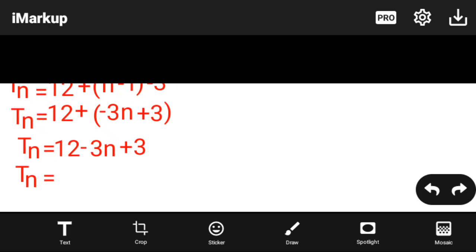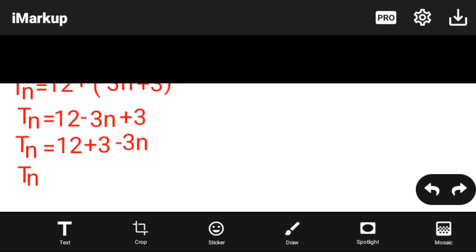So you say 12, then plus 3, then negative 3n. Then when you add 12 plus 3, that will give you 15. So say Tn is equal to 15, because 12 plus 3 is 15, then minus 3n.